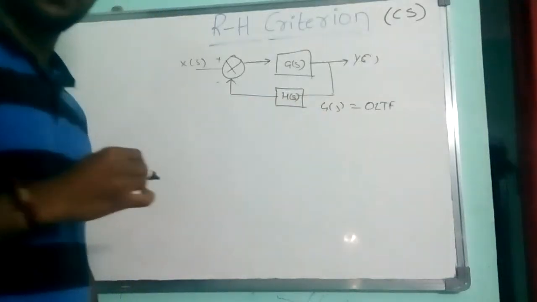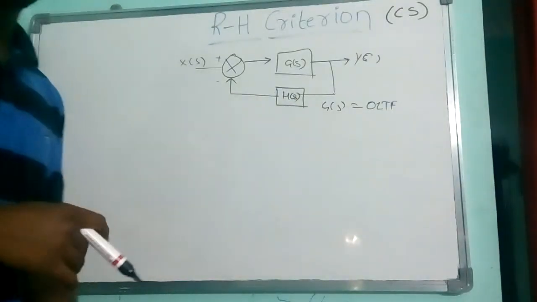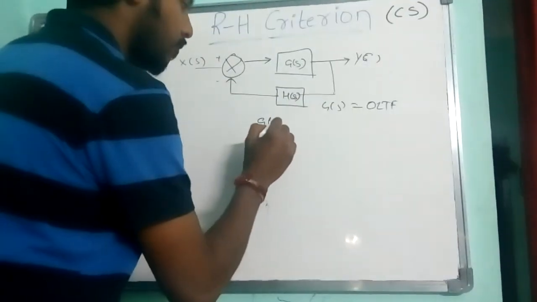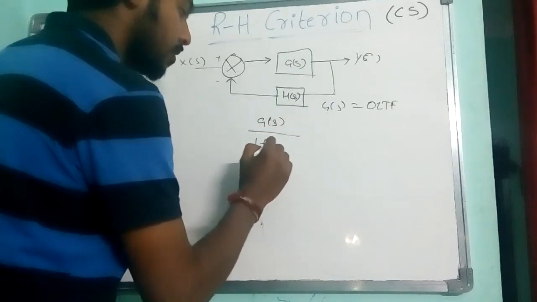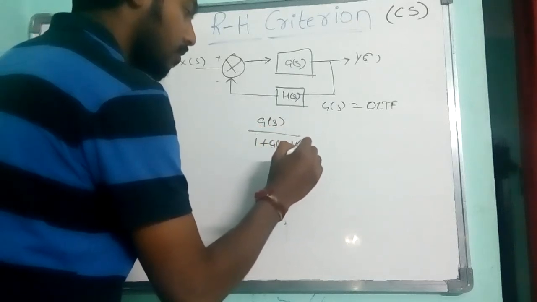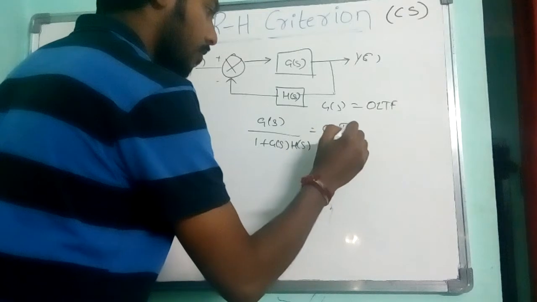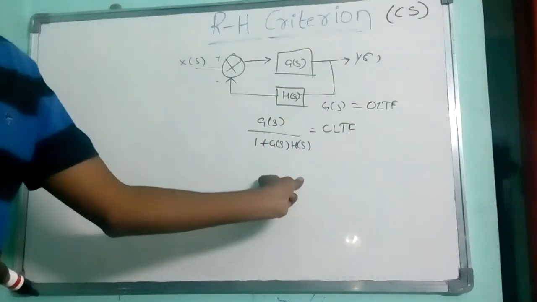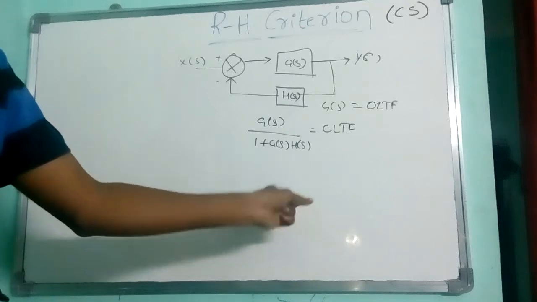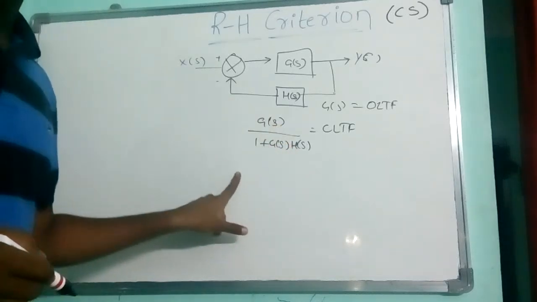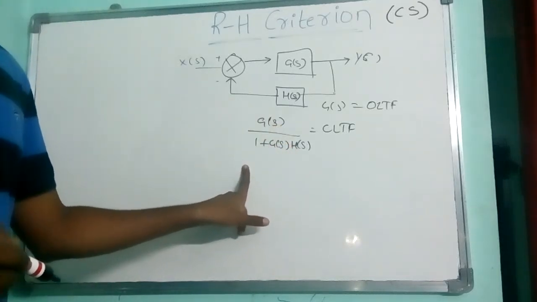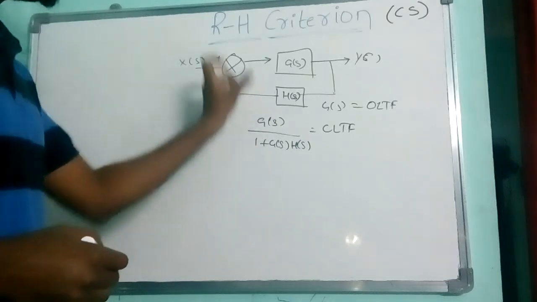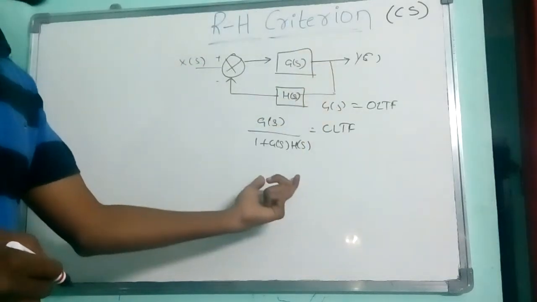If I write the closed loop transfer function for this, consider the denominator of the closed loop transfer function. Why? The denominator of the closed loop transfer function gives me the poles of the system. For identifying the stability of any system, I need those poles.